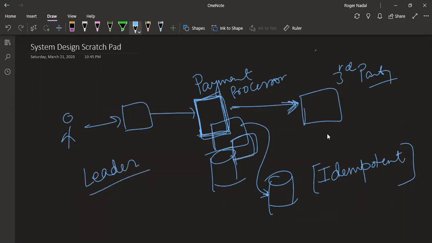What can we do here? Suppose out of these three replicas we have, we say that at one point of time, let only one guy be the leader. Yeah, that leader election protocol or something.